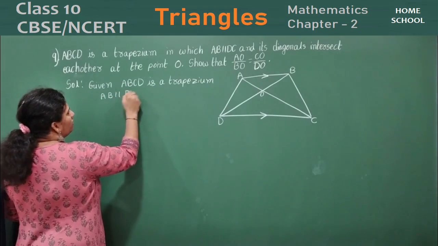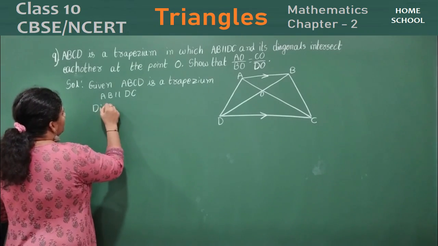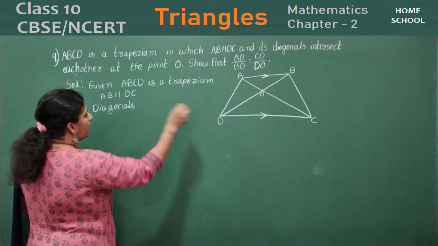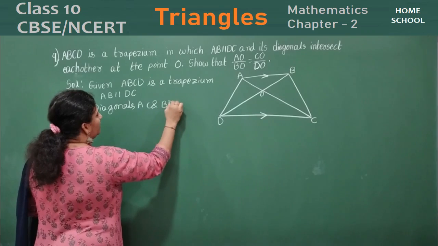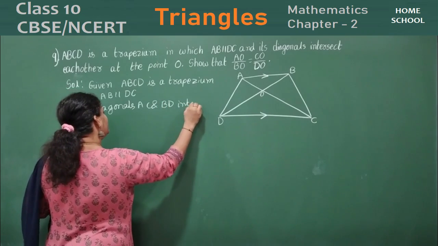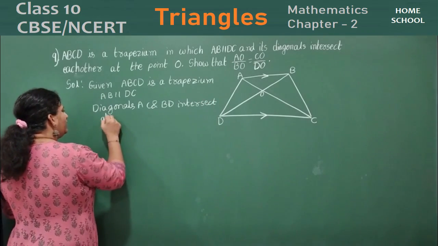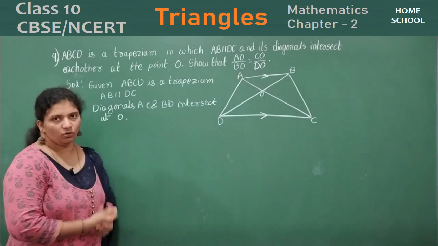AB parallel to DC. Okay, one more line given. Diagonals. What are diagonals here, children? AC and BD intersect at point O.